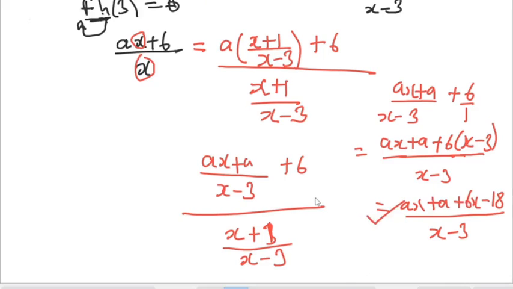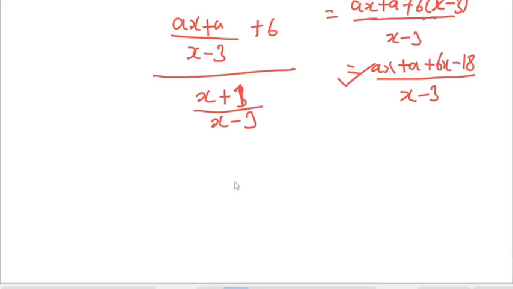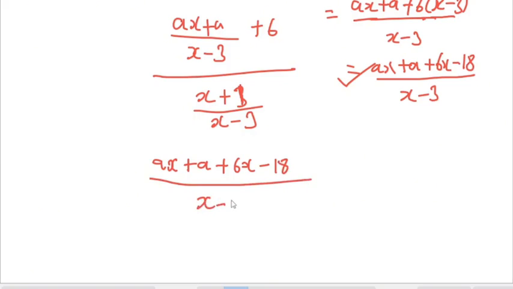So let us now substitute. We are going to have ax plus a, then plus 6x minus 18, over x minus 3, divided by x plus 1 over x minus 3.